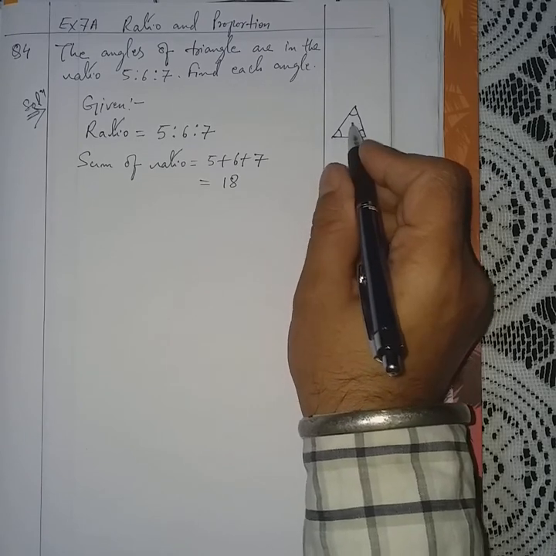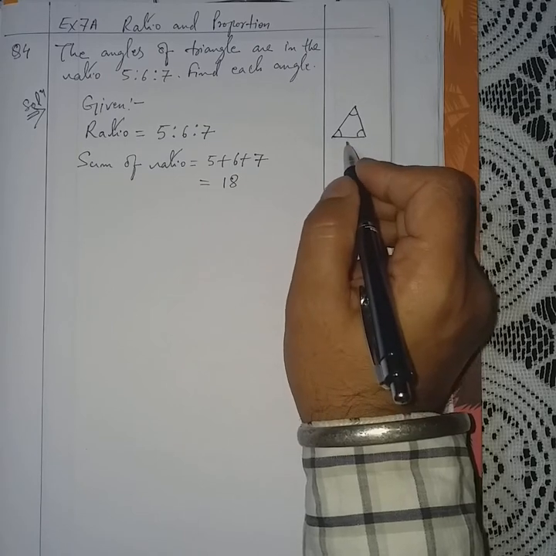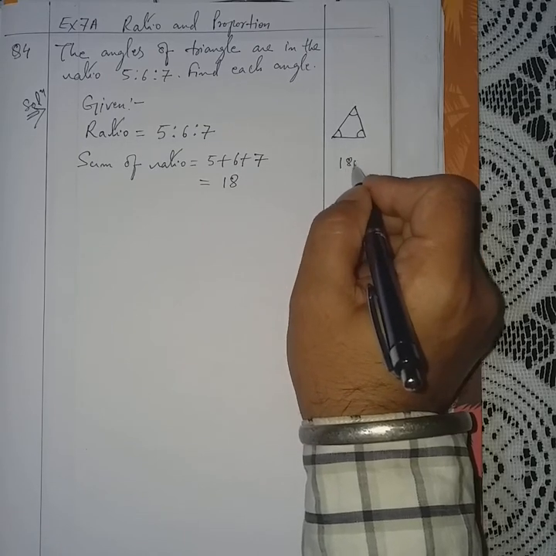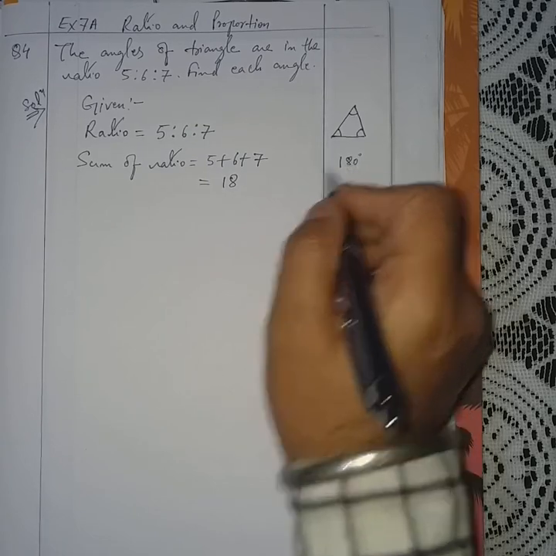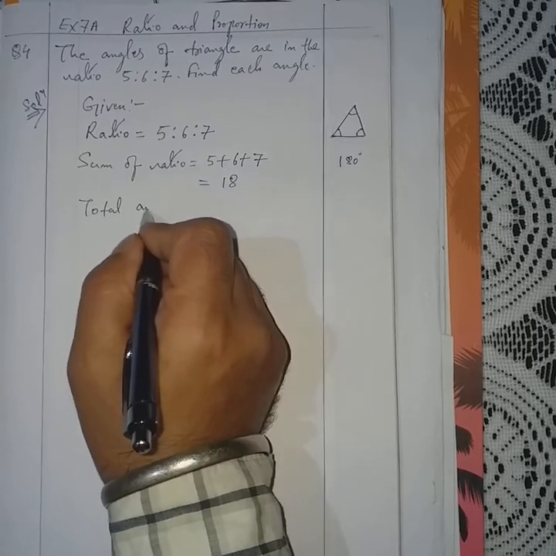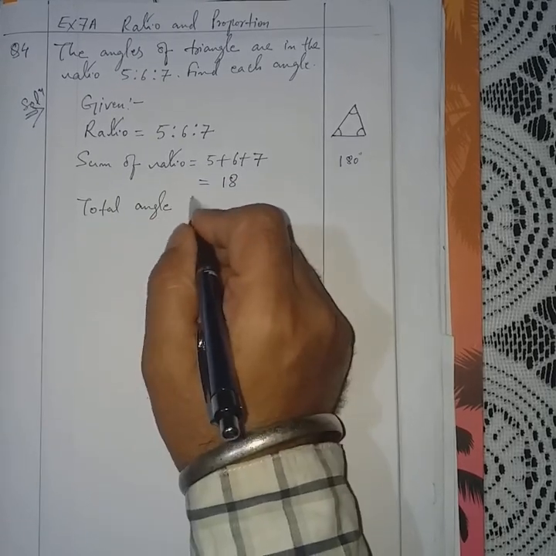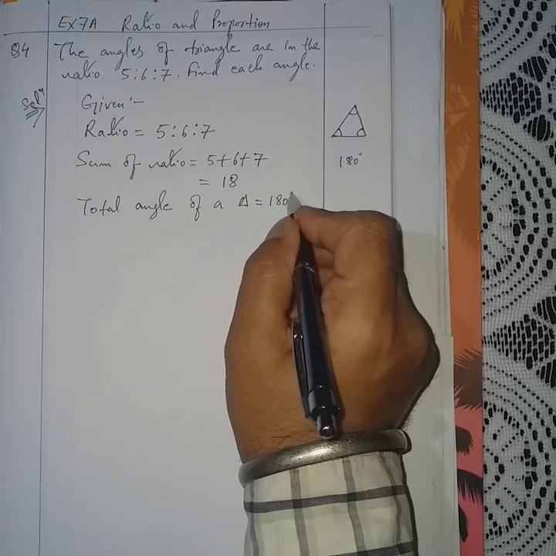If you add this, this and this, how much will you get in a triangle? We will get 180. The total angle of a triangle is 180.